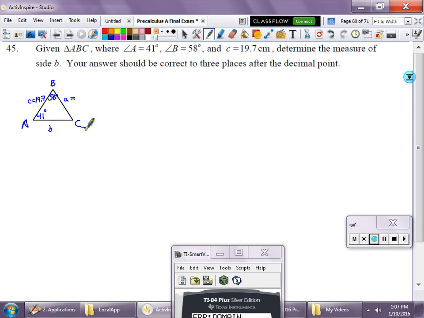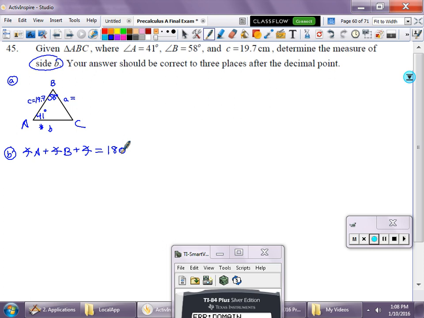So what we're doing, they only want us to find side B. They only want us to find this value right here. So we have to see what we're given. Right away, you should see your first step, which of course is to draw it. For your second step, you have two angles, find a third. And the formula is this: alpha plus beta, or angle A plus angle B plus angle C equals 180 degrees.